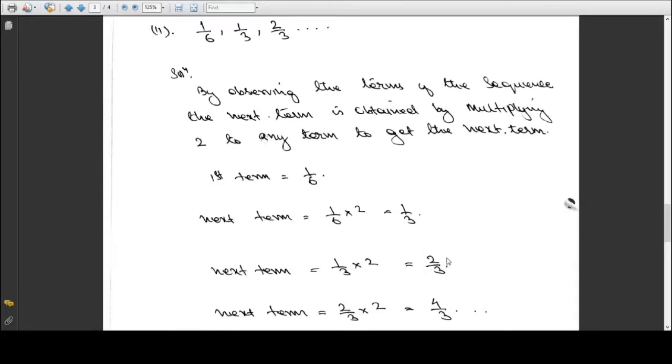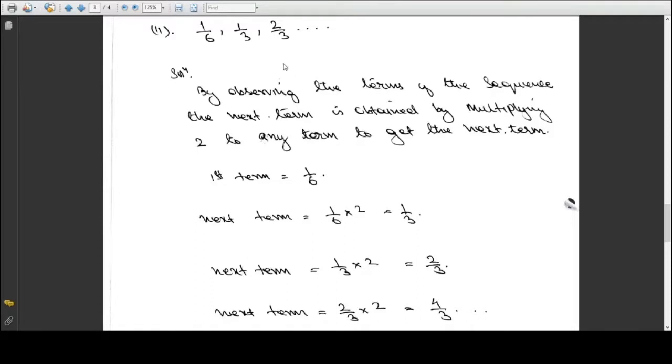The next of 2 by 3, again you multiply by 2, 2 2 4, 4 by 3. Is that clear? This sequence has some relationship between the terms, and you try to find out which relationship connects the first to the second, and the second to the third term.